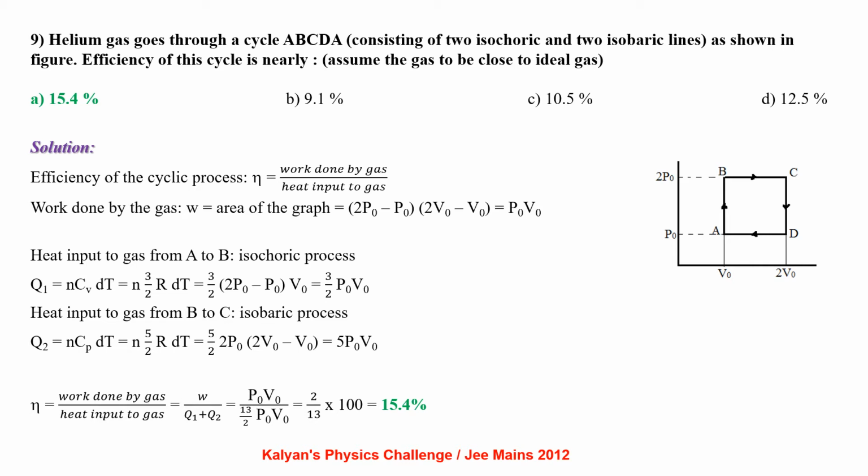Heat input from B to C, an isobaric process, Q2 equals n Cp dT, that is n times 5 by 2 R dT, that is 5 by 2 times 2P0 times (2V0 minus V0), which comes out to be 5 P0 V0. So, efficiency equals work done by heat input, that is W by Q1 plus Q2, which comes out to be 15.4%.